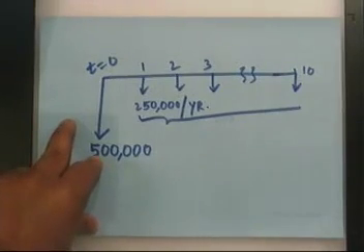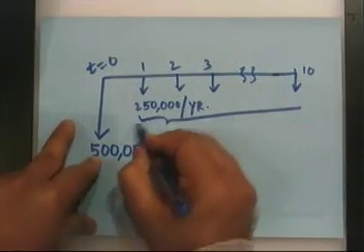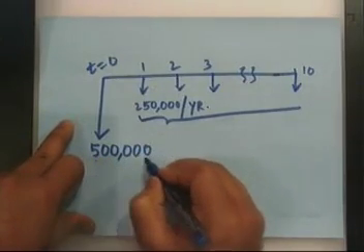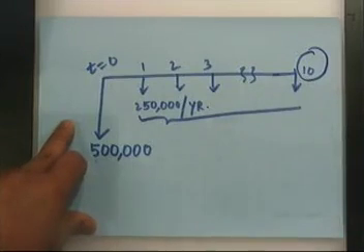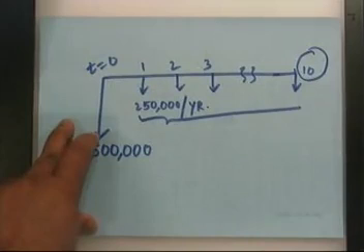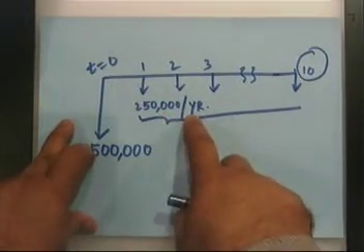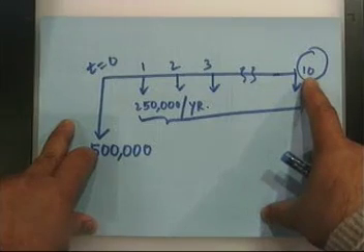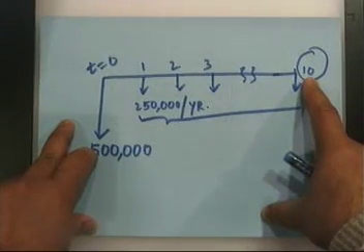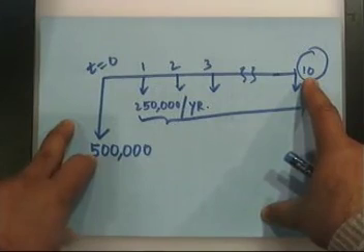Let us say I want to find all these cash flows' worth at time t equal to 10. How do I find this?